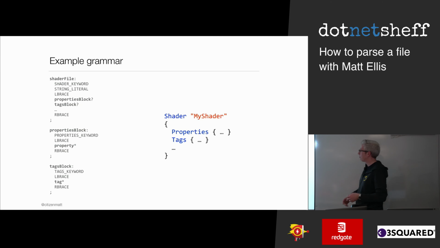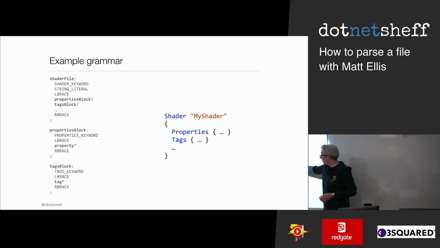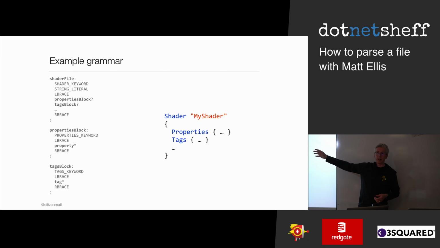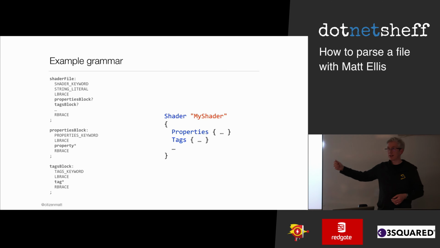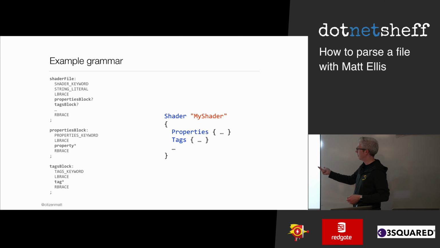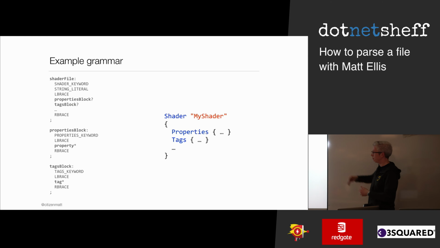As an example, with my shader file here, to express that as a grammar, we have some constructs on the left. We have a shader file block. That is a shader keyword, a string literal, a left brace, 0 or 1 properties blocks, 0 or 1 tagged blocks, some other stuff because it's more than that, and then a closing right brace.